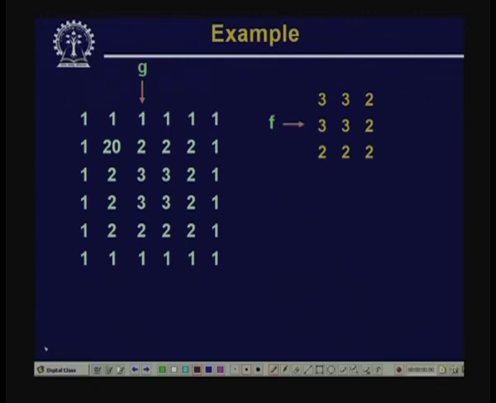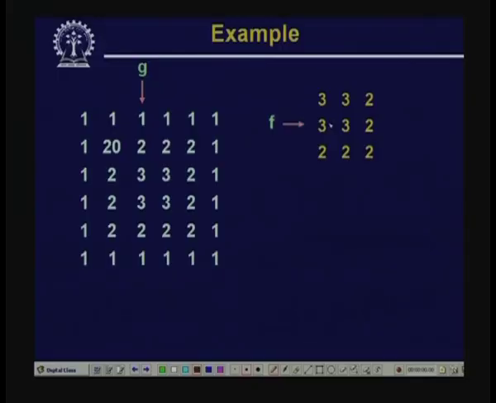Now, if I calculate the CFG for this, to find out the match location, I have to take the template, shift it to all possible locations in the given image G, and find out the cross correlation or the similarity measure for that particular shift.